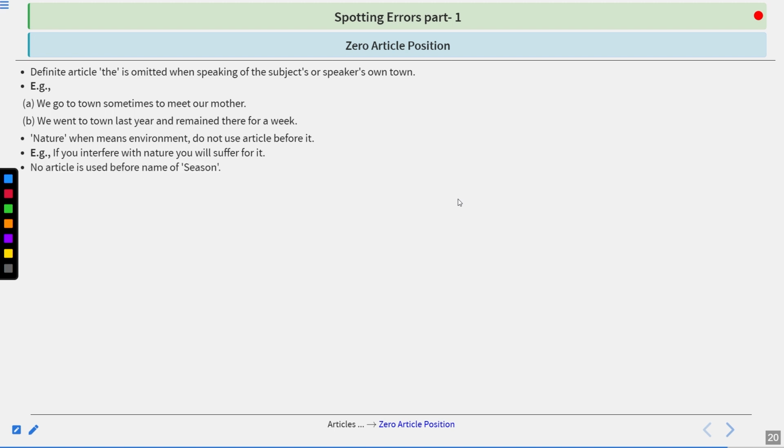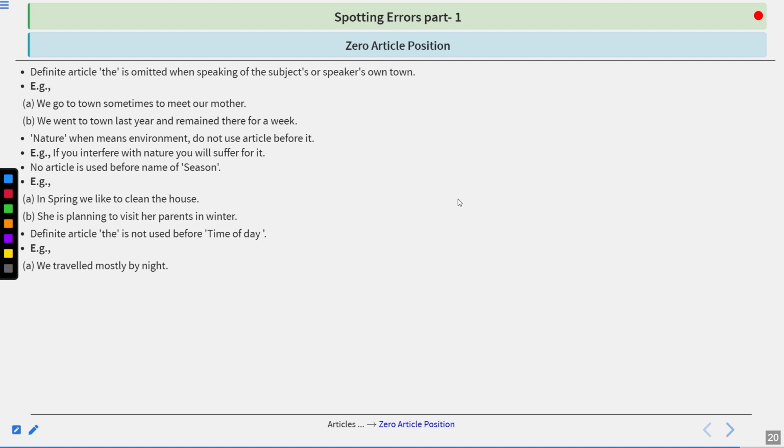No article is used before names of seasons. Example: In spring, we like to clean the house. She is planning to visit her parents in winter. The definite article the is not used before time of day. Example: We travel mostly by night. We will be there around midnight.